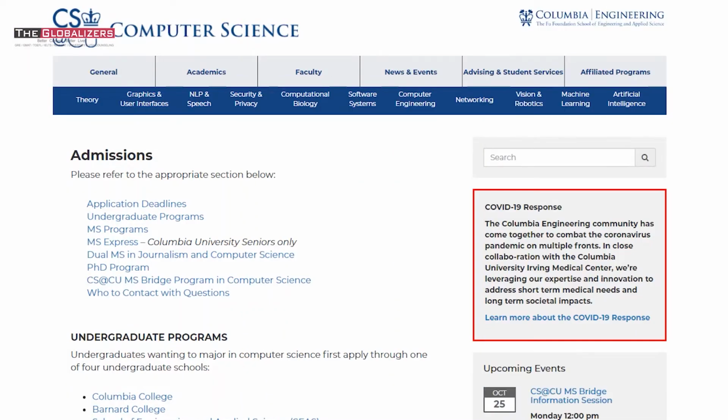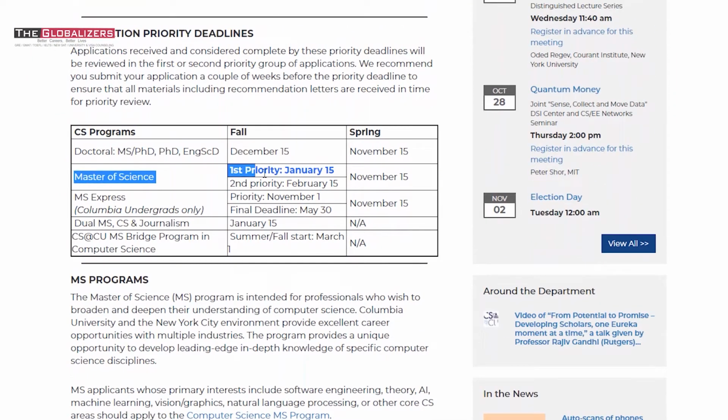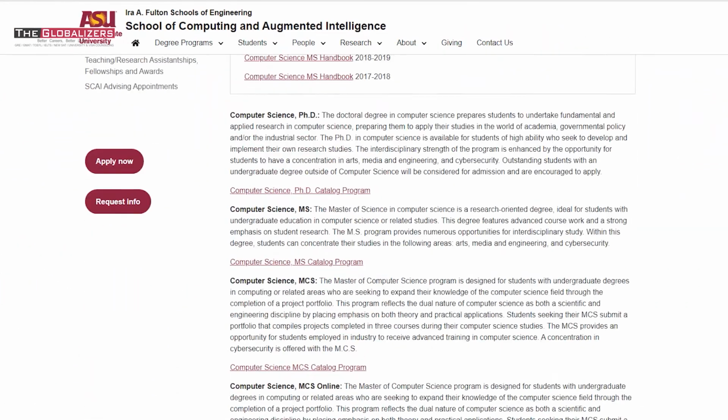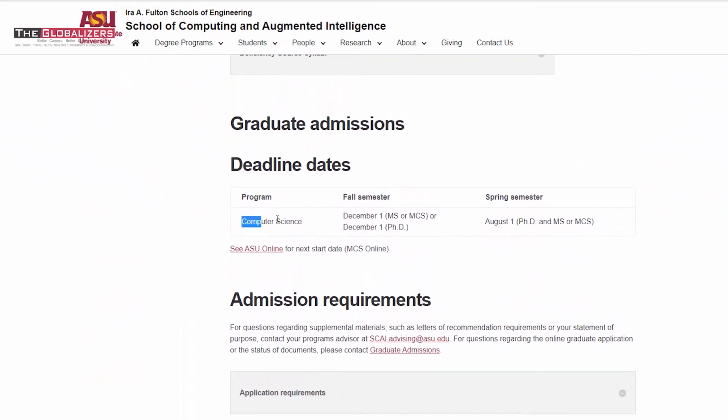So students also freak out sometimes if they miss the priority deadline. So remember this very important deadline ka funda, that universities have various deadlines. Every program in every university, Columbia University for example, computer science, the deadlines are probably around 15th of February, right? While Arizona State has a deadline of 1st of December for computer science, and again it would vary from university to university.